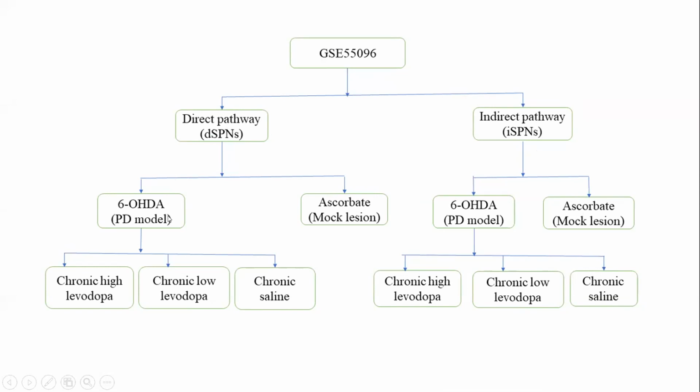And this model is treated with Parkinson's disease toxin, and there is a control as well, similarly for indirect pathway. In the Parkinson's disease model, later on they were treated with chronic high levodopa, chronic low levodopa, and saline. Similarly for indirect pathway, for only Parkinson's disease, they were treated with chronic high levodopa, chronic low levodopa, and chronic saline.